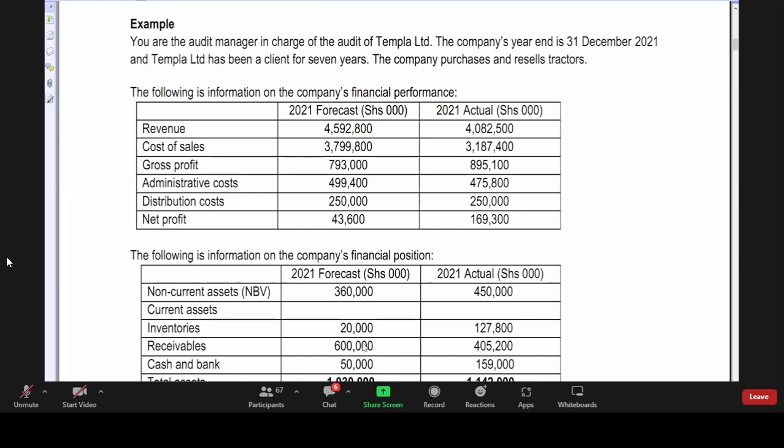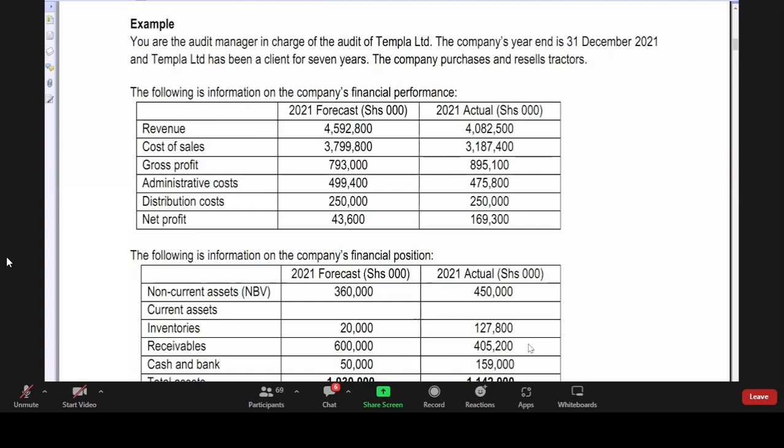For example, if you had forecasted to make a sale of 4.5 billion with receivables of 600 million, but you end up selling 4 billion with receivables of 405 million, it is an indication that you're selling a lot on credit, right? Because when you look at the drop in receivables, it is only around what?